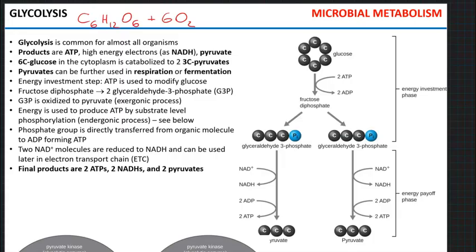It's aerobic respiration, producing 6 molecules carbon dioxide, 6 molecules of water, and energy. So what do you think this energy right here is used for?